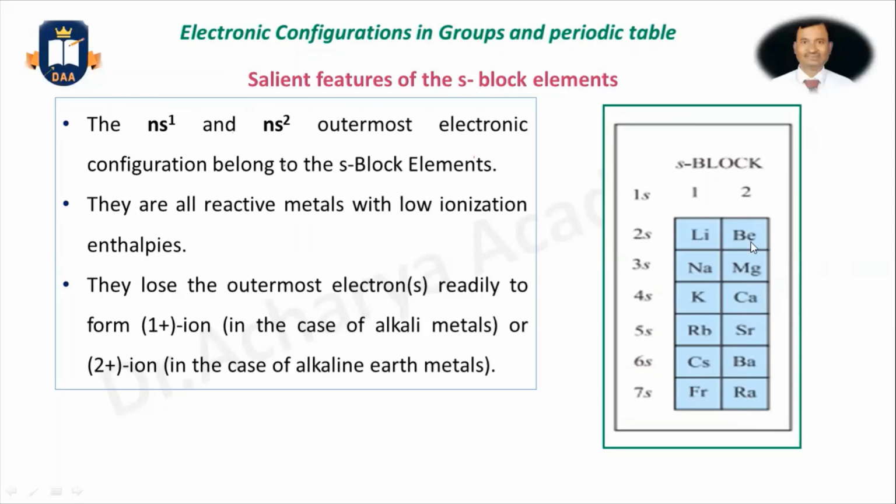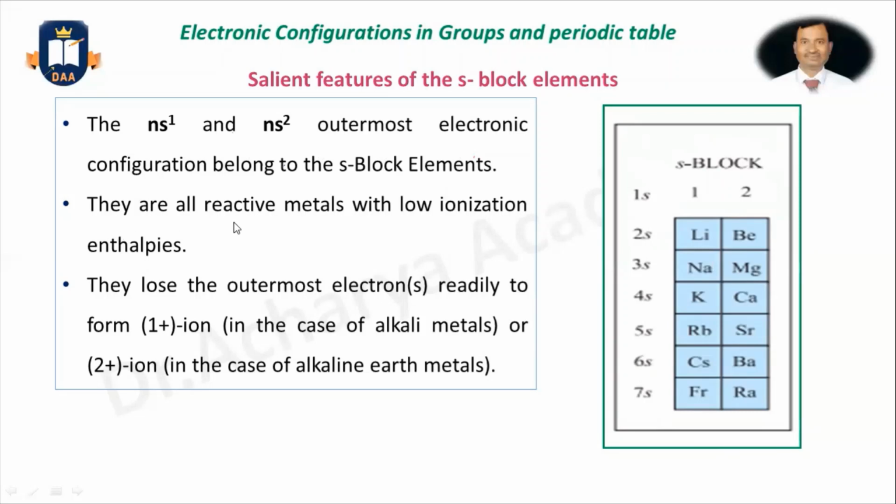That means for beryllium it is 2s2, for magnesium 3s2, for calcium 4s2, and so on, strontium, barium, etc. So ns1 and ns2 outermost electronic configurations belong to the S block elements.